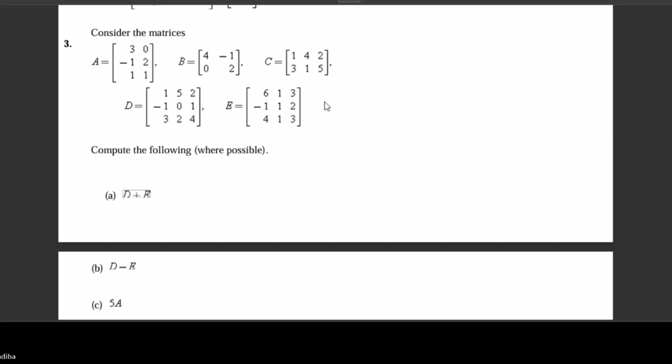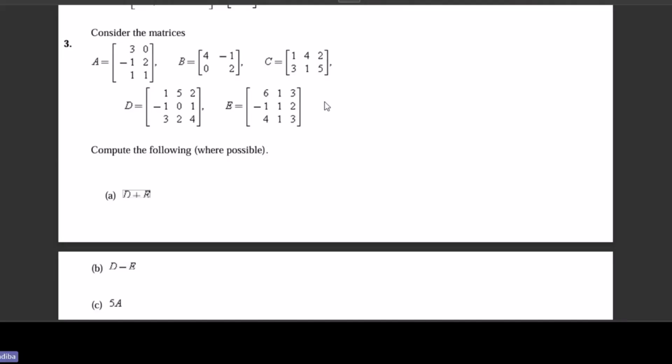D minus E. It's possible to solve D minus E because D and E, both of them, are 3 by 3. So the final answer is: first row, the entries are -5, 4, -5, -5.